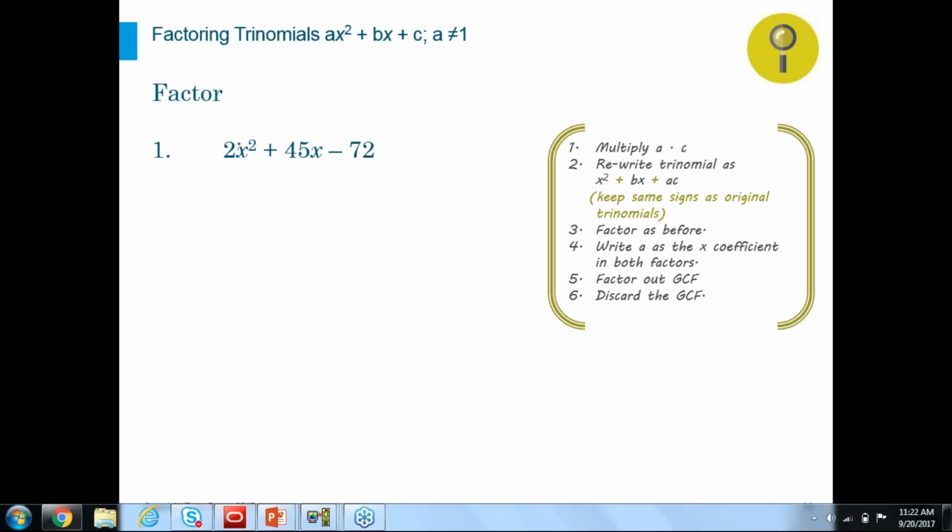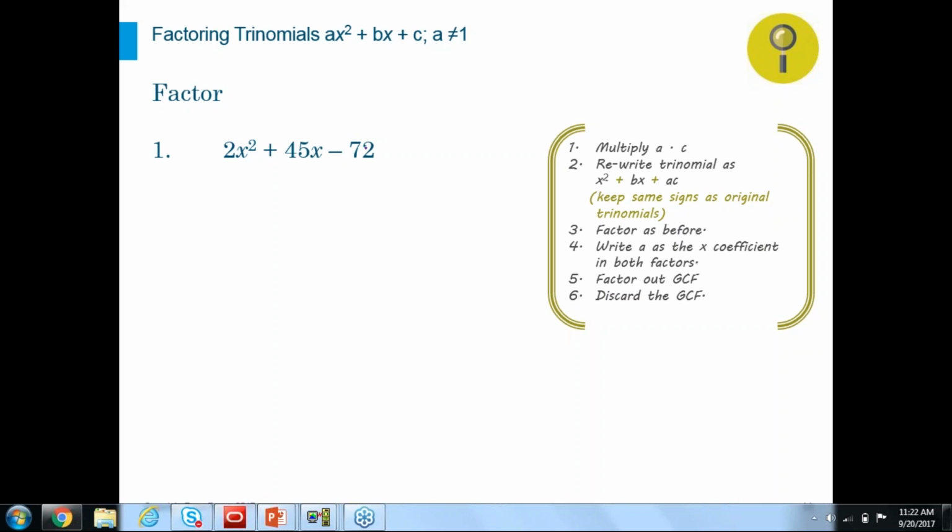The first thing I'm going to do, when I have the steps, by the way, here too, if you want to read them too, I'm going to multiply a times c. So a times c would be 2 times negative 72, which is negative 144.